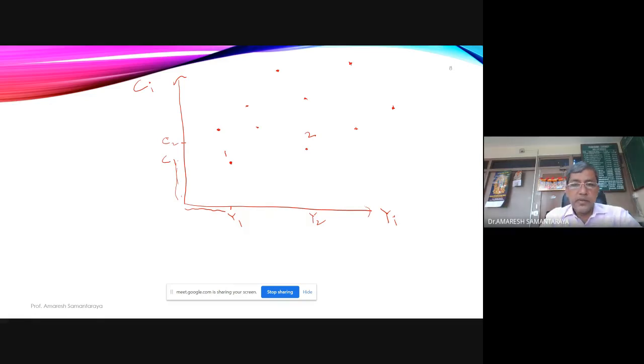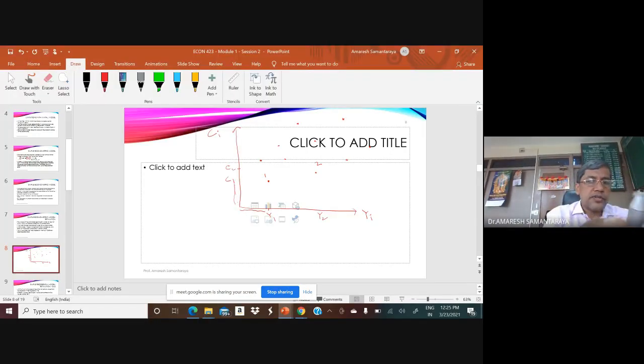One of you may think that I need a different color. I'll keep this for the moment, and draw, say, a blue line maybe. So maybe one of you thinks this is the best way to explain the relation between Ci and Yi. Another student thinks perhaps this is the best way.